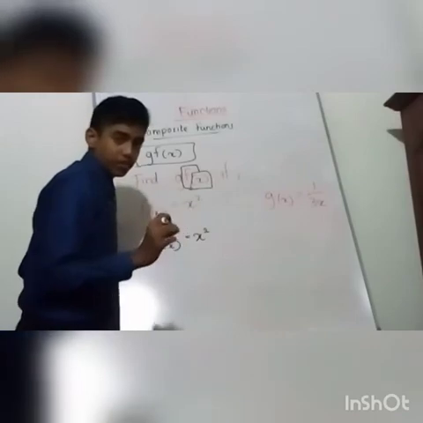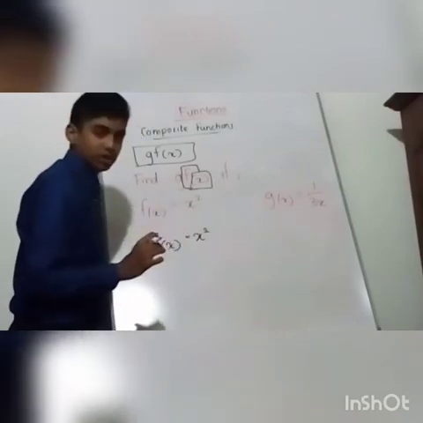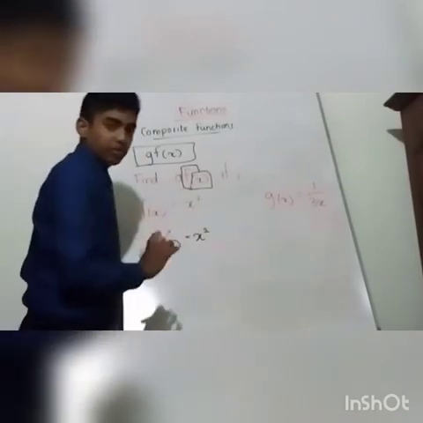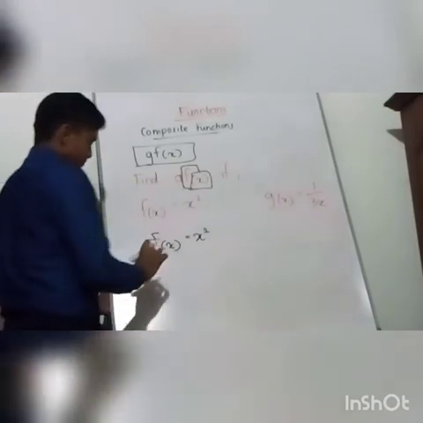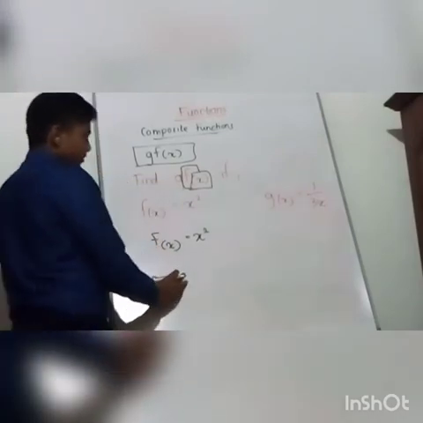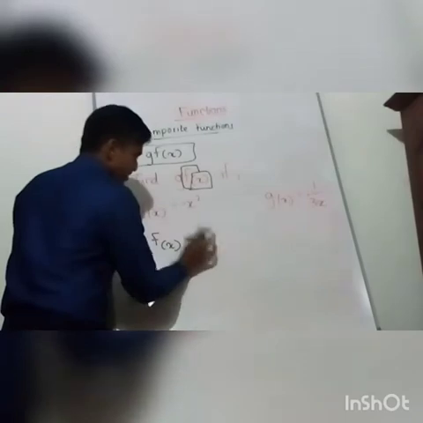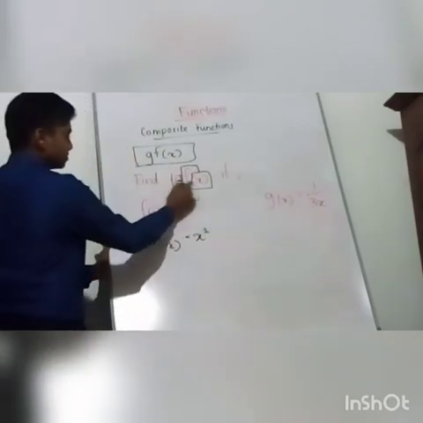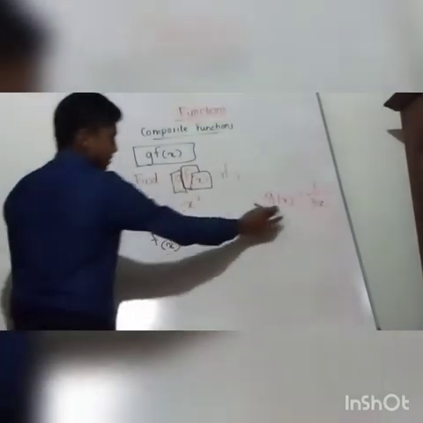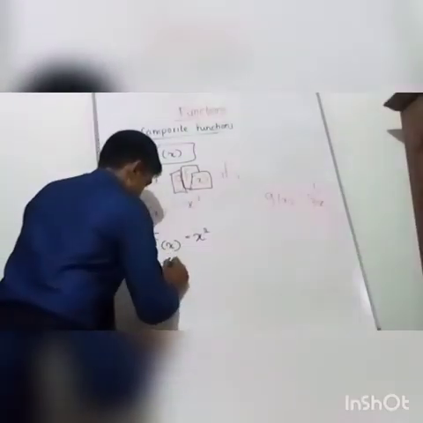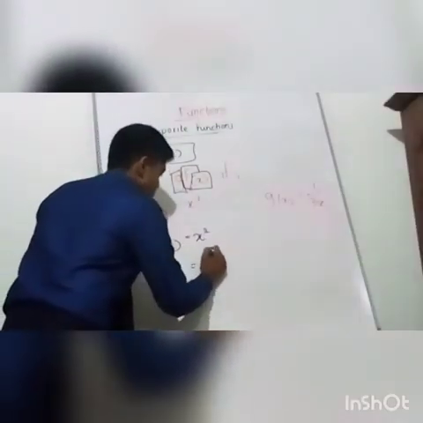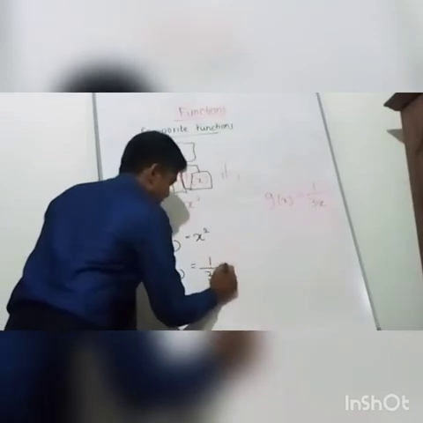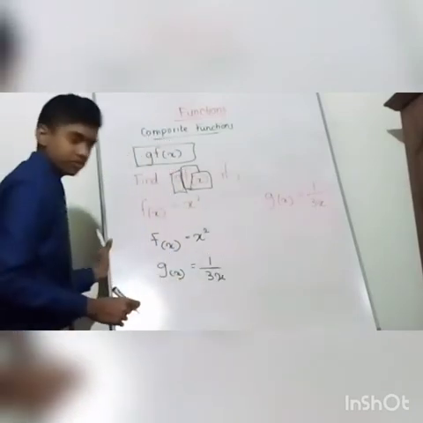Concentrate on this very carefully because this is very important. This is the place where everybody gets confused. Then we have got f(x) as x squared. Now we are done with f(x). Now we have to go for this g function. Now I take g(x). I take g(x) equals 1 over 3x. Understood?